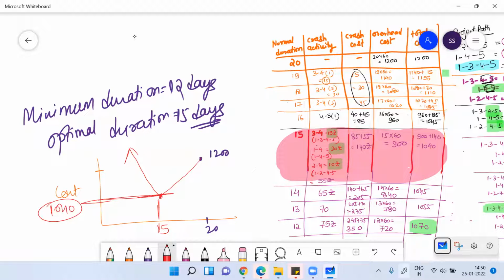So this concept of crashing cost in project management: what we are trying to understand here is how you can work on a project. As you know, the three important objectives of a project are time, cost, and performance.